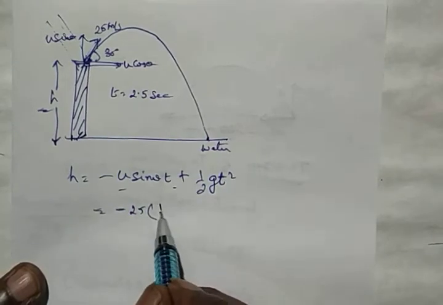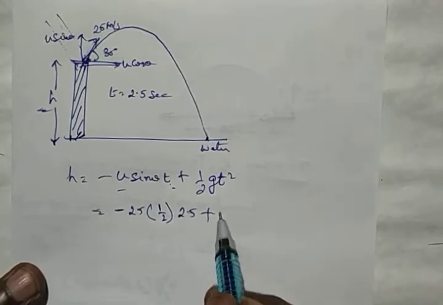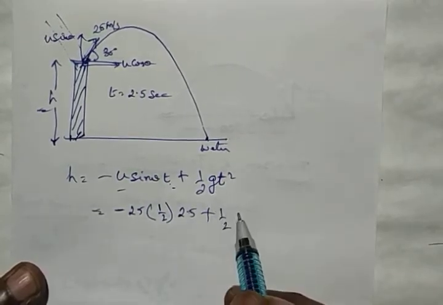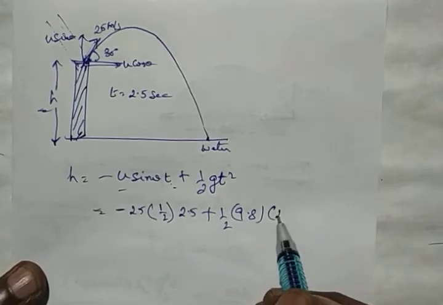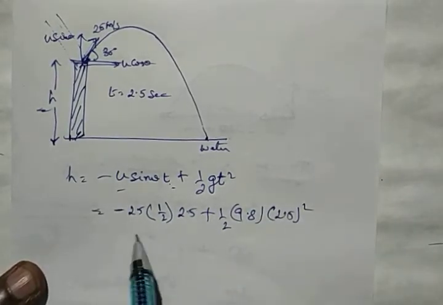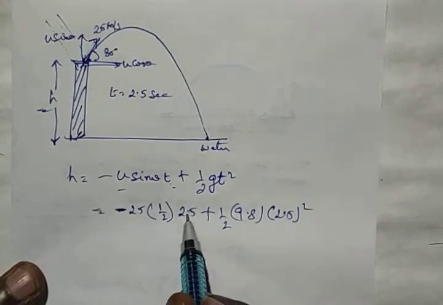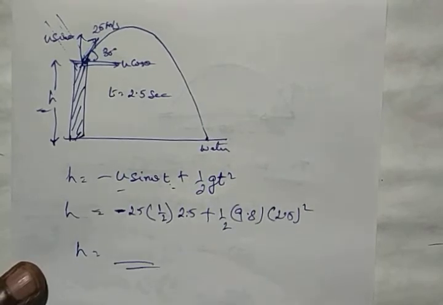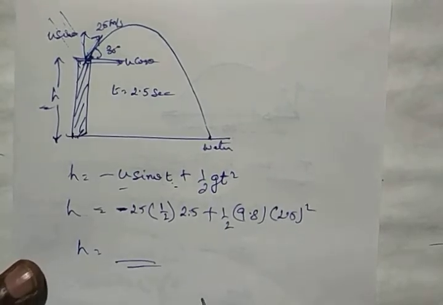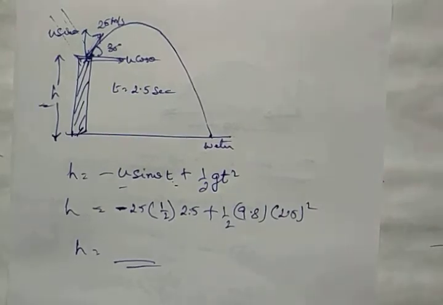Sin 30 is 1 by 2. Time is 2.5, plus half, g is 9.8 and t square is 2.5 the whole square. Everything is given here. You need to find out the height. You can just finally calculate. It will be 61.9. It is given here. You can straight away calculate this one. The next question.